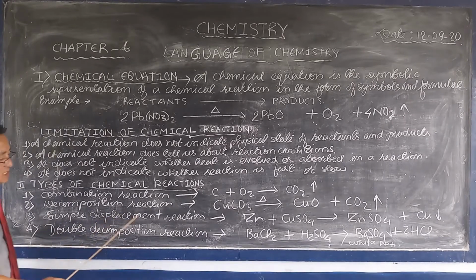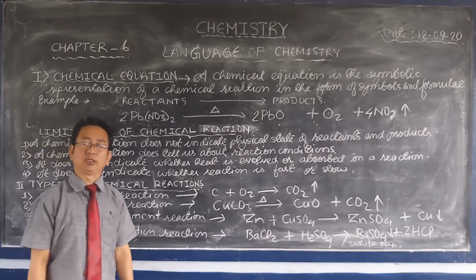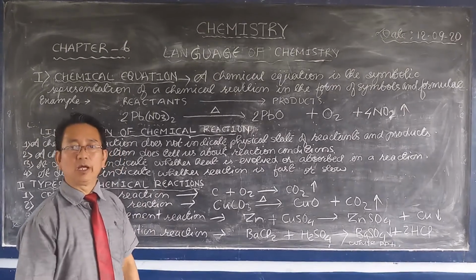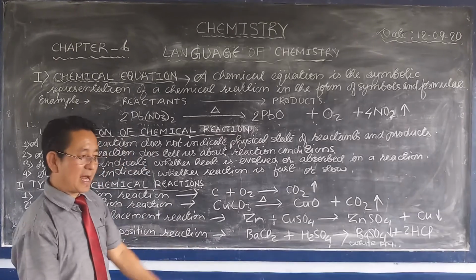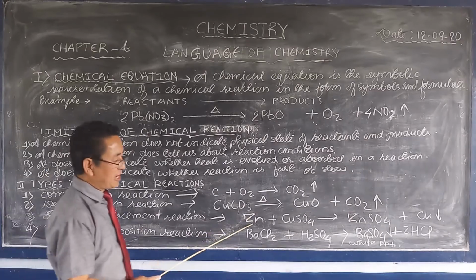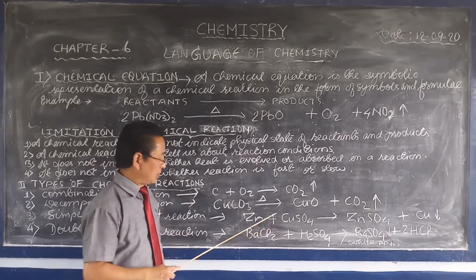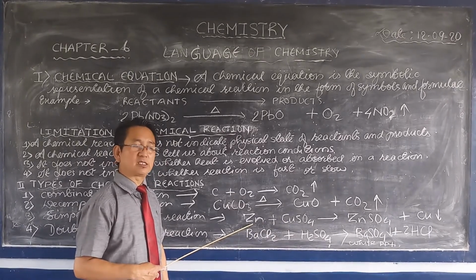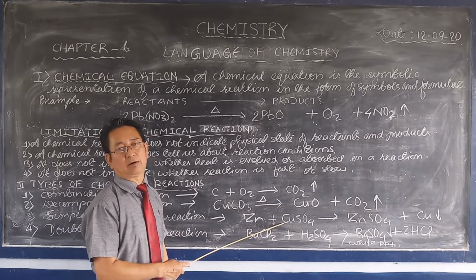Next, simple displacement reaction. Now, what is a simple displacement reaction? It is a chemical reaction in which a more reactive element displaces the less reactive element from its compound. As you can see here, zinc is more reactive than copper because the position of zinc is higher than copper in the activity series of metals.